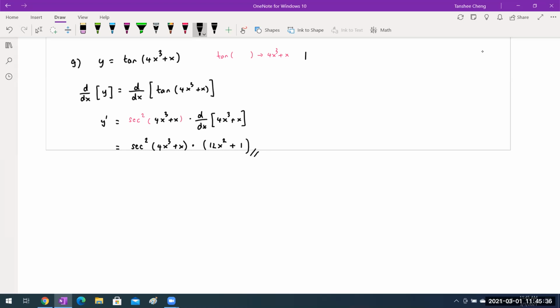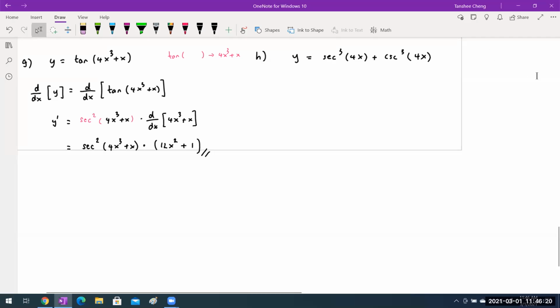Let's take a look at H. For example H, when we take the derivative, first we need to take the derivative of each term. That's where I need to use the chain rule.